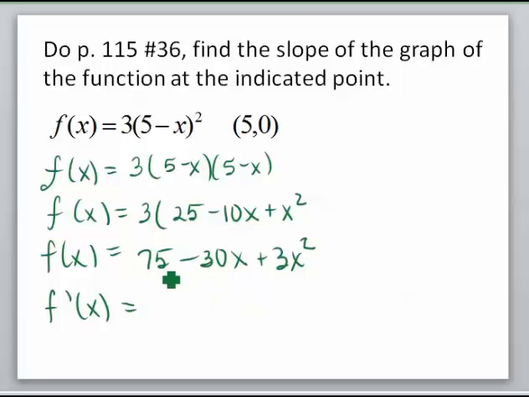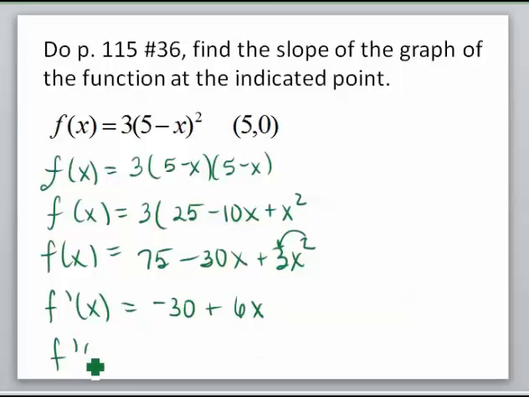The derivative of a constant is 0. The derivative here would be multiply this by 1, which would give you negative 30. Lower it by 1 gives you x to 0, so it's just negative 30. Plus, we would take 2 times 3, which is 6, and lower our exponent by 1, which would be x to the first. So the derivative is negative 30 plus 6x.